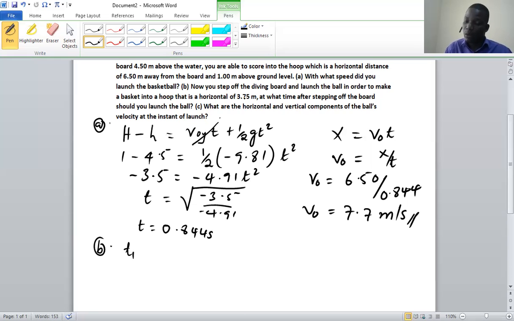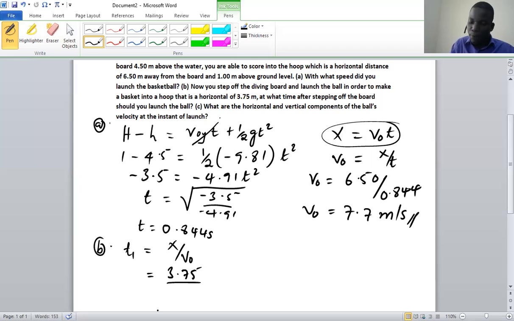So what is the time that it is going to take? From this equation here, time is going to be equal to x over v naught. Now our range is 3.75 meters, and our launch speed is 7.7 meters per second.